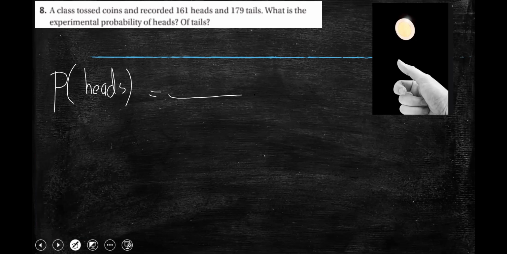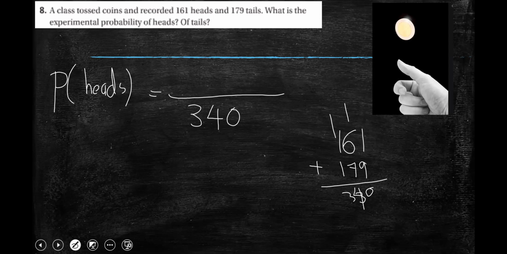Now, how many trials do we have here? I will add 161 plus 179, which is 340. Teacher, it's 340, not 330. 6 plus 7, 13, 30, 40, okay. So it's 340.